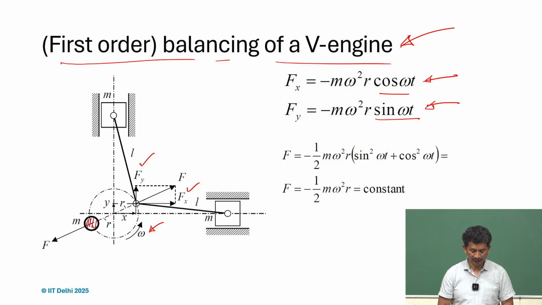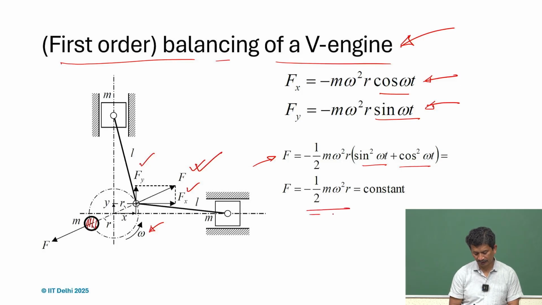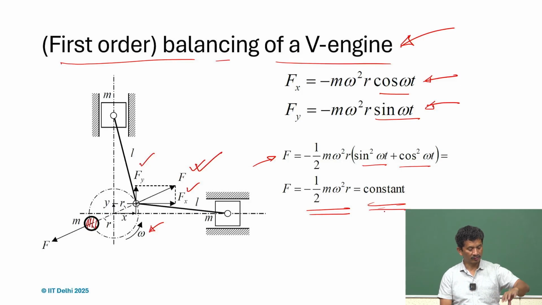If we try to get F, what we find is that inside again we have sine square and cos square, and the total force is always constant, half m omega square r. So we should be able to balance it properly, since it's not dependent on theta, and therefore it's balanced all the time. The same force we are experiencing, and then it can be nullified.